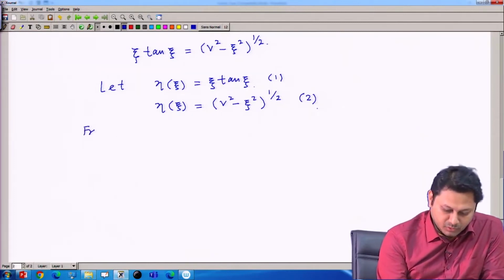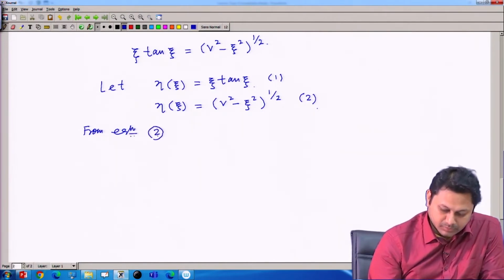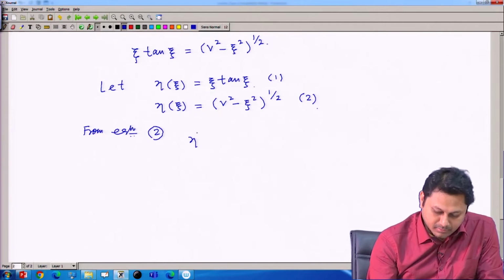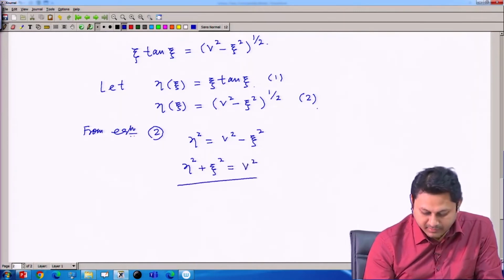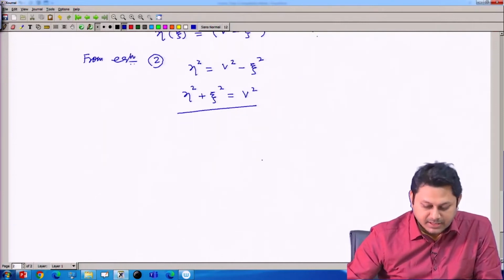From equation 2, I can write eta square is equal to v square minus xi square, or eta square plus xi square is v square. So, I have an expression in terms of eta and xi.